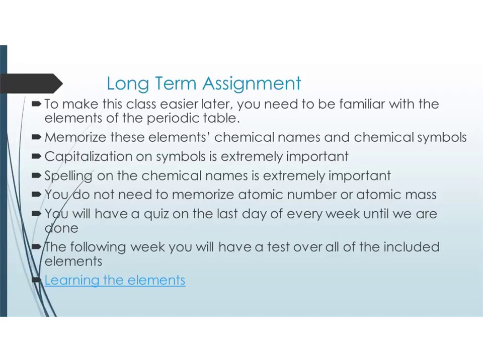I'm breaking it up into 4 different weeks. I believe you have already taken your first quiz. Your next quiz is coming up; I gave you the paper with all the dates by which you have to have taken your quiz. After you finish all of that, you need to wait at least 24 hours, and then you can take the test, which will include all of the elements that I give you at once.